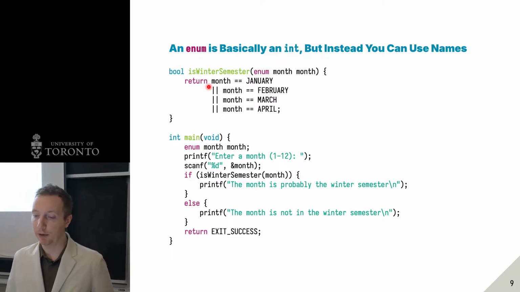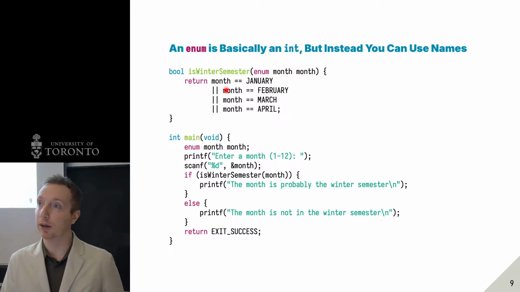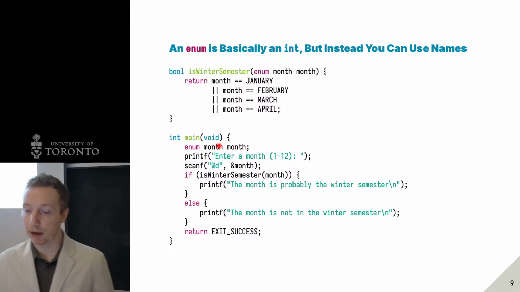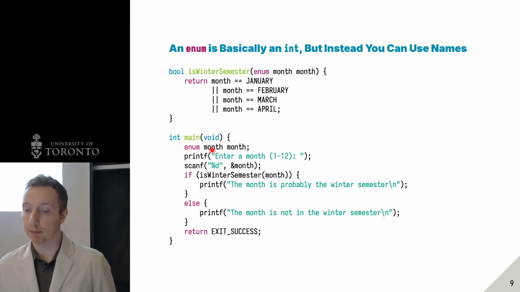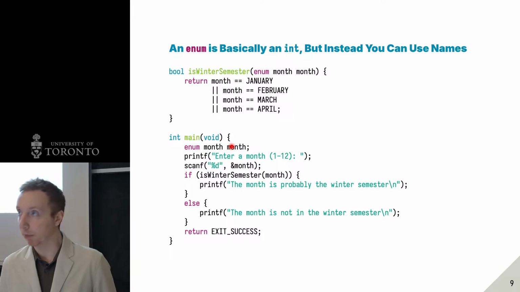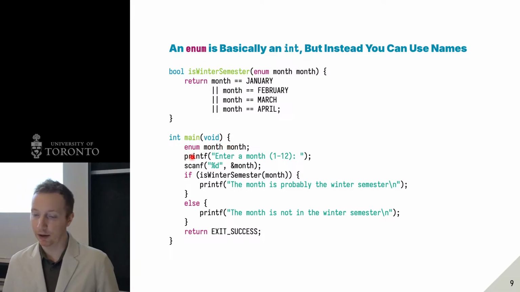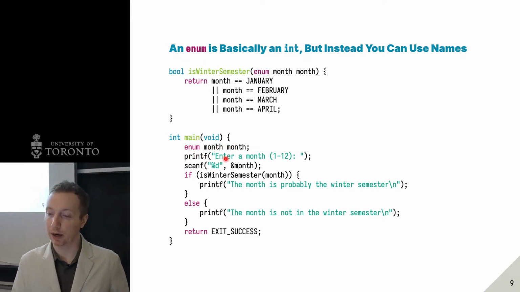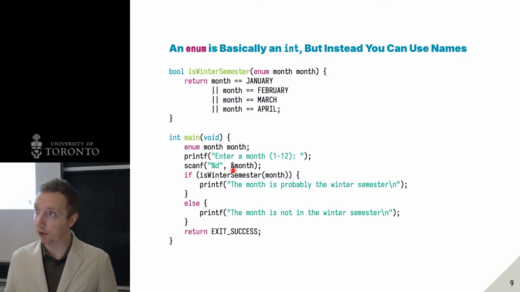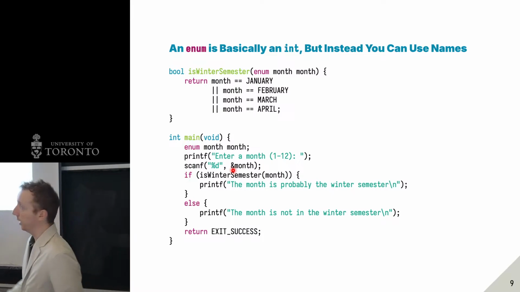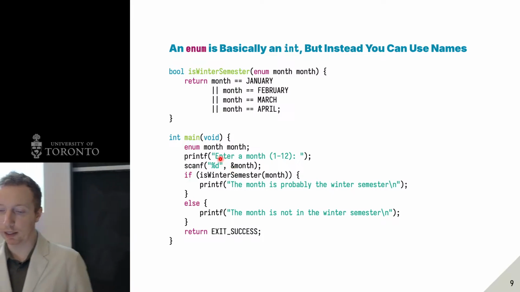So it's the winter semester if the month is equal to January, or the month is equal to February, or March, or April. And that way I could write a program. How you would use it is the type is called enum month. So I could create a variable called month, whose type is enum month. Then I can get my user to enter a month number, 1 to 12. So it's just an integer, so I can use the int format specifier here.